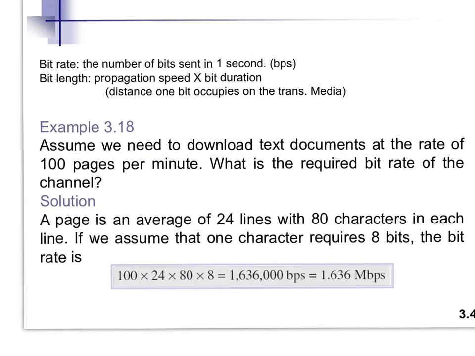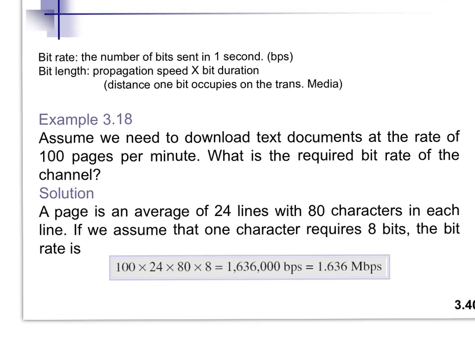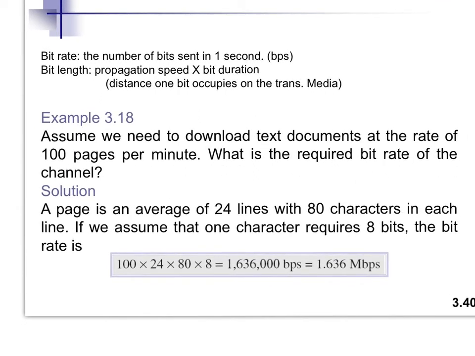So this example here allows us to calculate the bit rate. Before we get to that, there are 2 definitions. There is the bit rate, and as we said, the bit rate is the number of bits sent in 1 second, and that depends on 2 things, as we said.